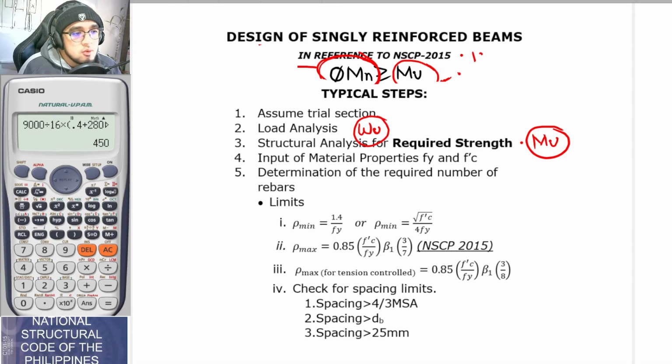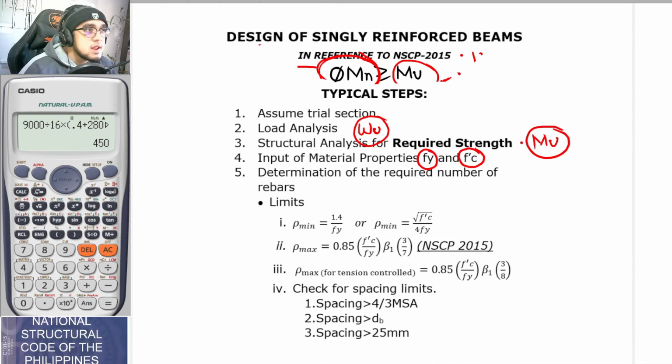The next thing that you will be doing is that you will be manually inputting the material properties Fy and F prime C. So these are to be the strength of the rebars and the concrete respectively. So paano nyo ba malalaman kung anong gagamitin nyo? So for your Fy and F prime C, this is to be dependent upon the availability of the product in your locality.